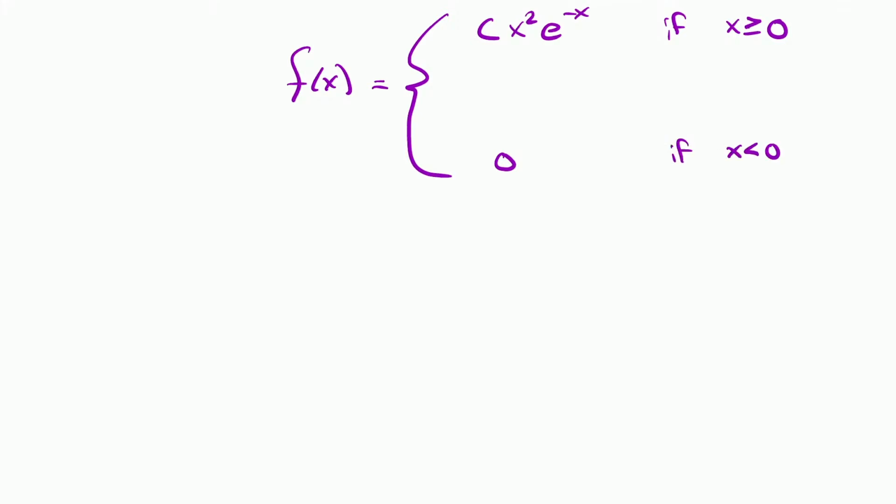That's better. Otherwise, the problem is that e to the negative x blows up when you put negative numbers into it, and you'd never be able to find a value for c.